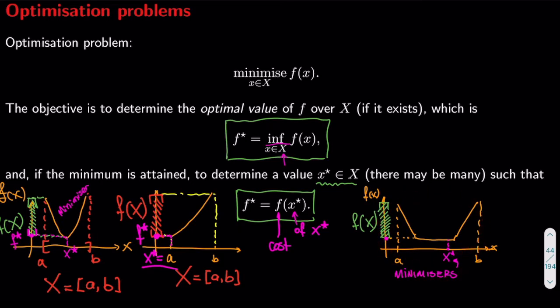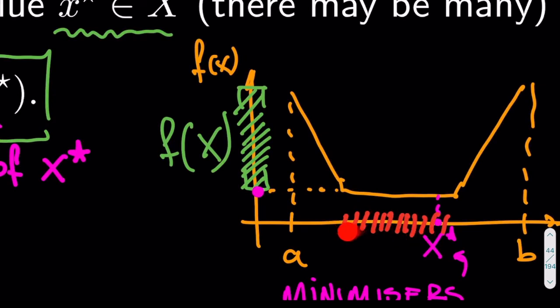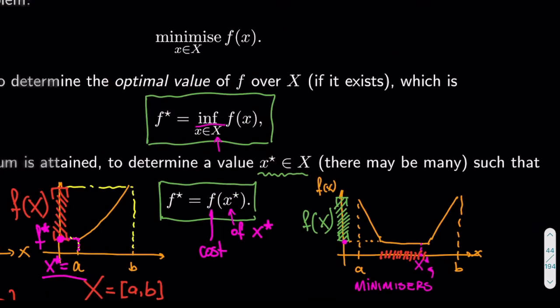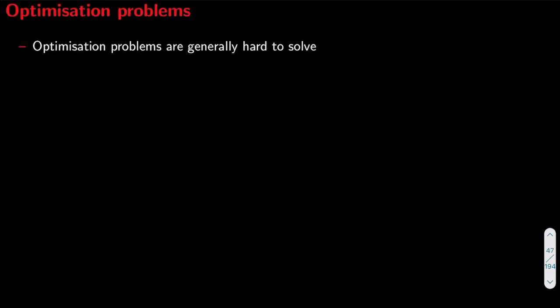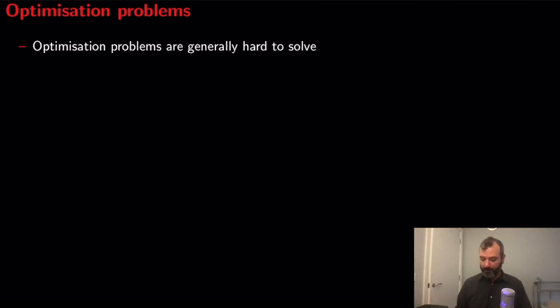In fact, all this set, I'm highlighting down here, all of these points are minimizers. This is precisely the set of minimizers, argmin of f. We denote it like this, argmin of f, the set of all minimizers.